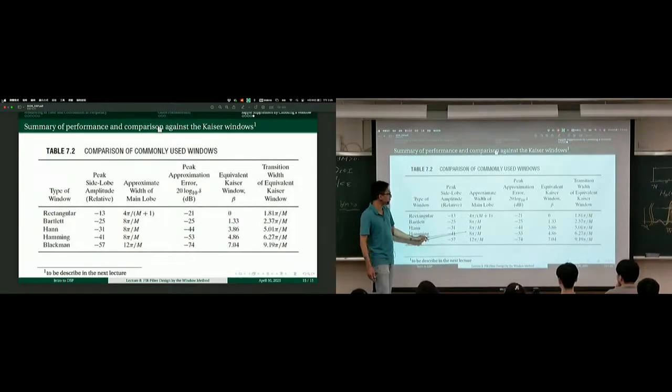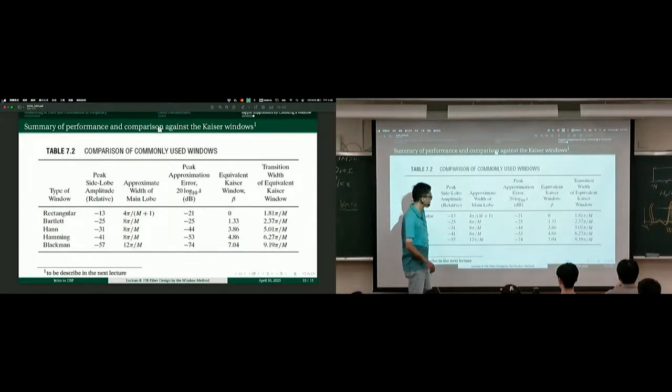Let me show you the trade-off. We get better when we go up the table as we are talking about the width of the main lobe. The rectangular window has the most narrow main lobe, and consequently the main lobe width also tells you about the transition width.